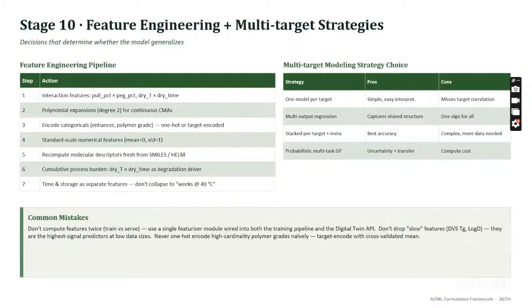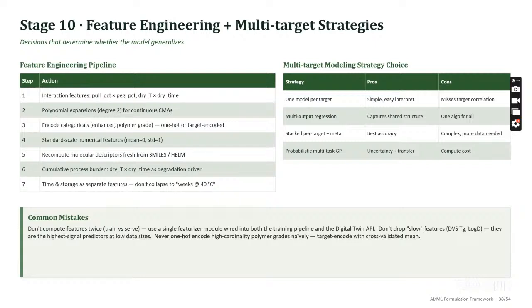Okay? So the features determine whether the model generalizes, and interaction comes from cumulative process burden, keeping time and storage separate. We choose a multi-target strategy. The common mistakes box is the practical wisdom.